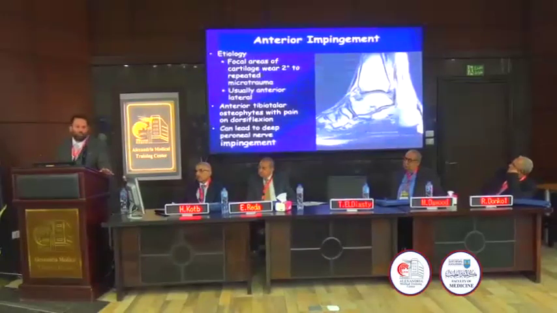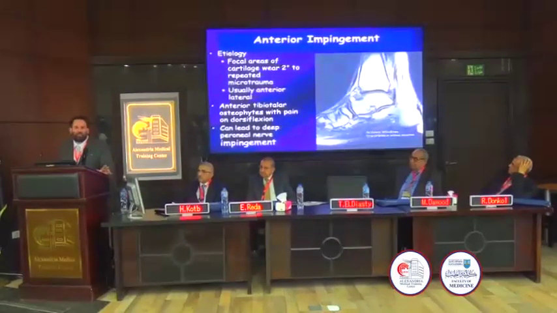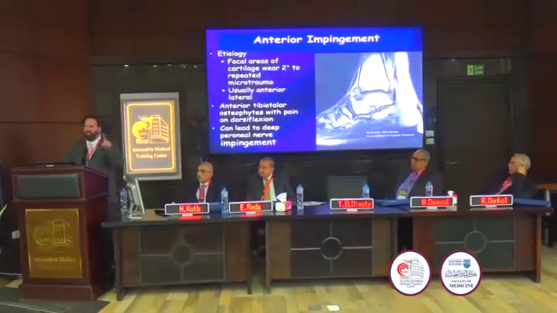In every joint, when you have osteoarthritis, the osteophytes tend to occur in one area more frequently. So if I have shoulder osteoarthritis, my osteophytes are typically on the inferior aspect of the humerus, right? That's where the big osteophytes are.